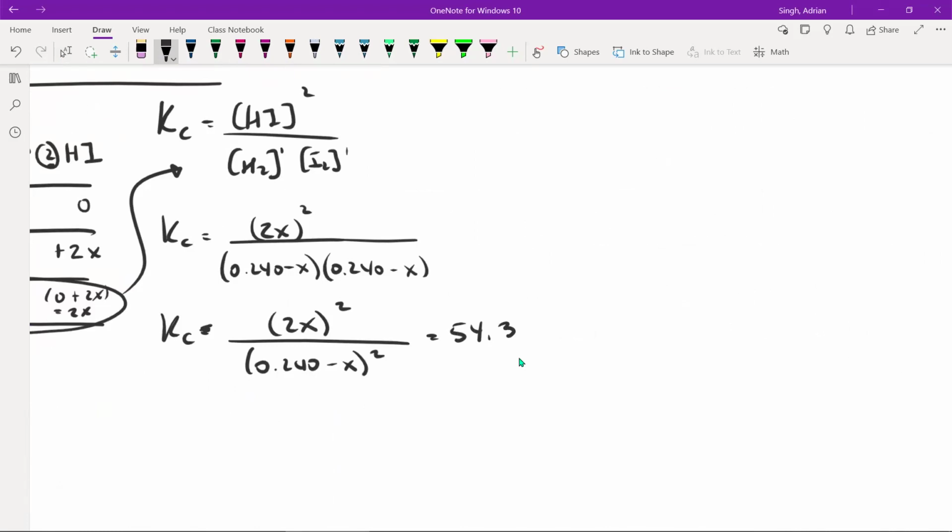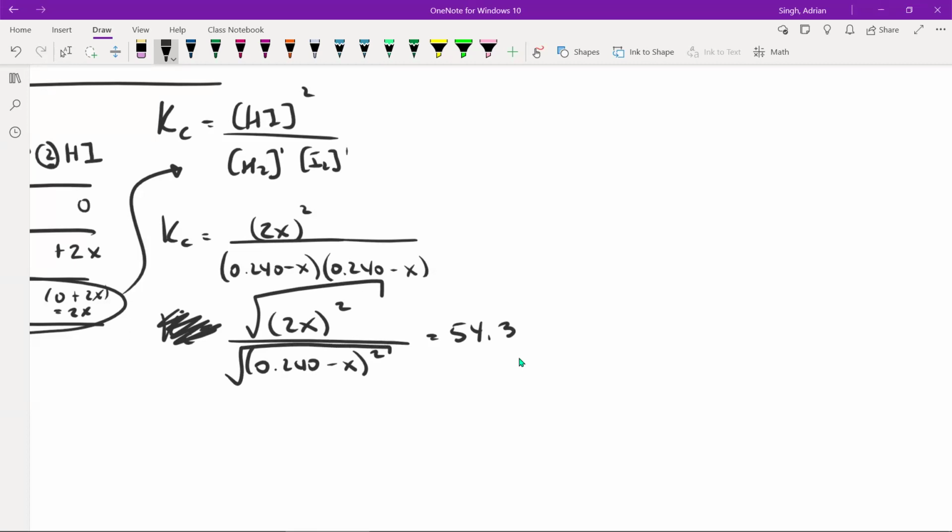So we can simplify this to solve for x. If I want to get just x on one side, I can take the square root of the left side, the numerator and the denominator.